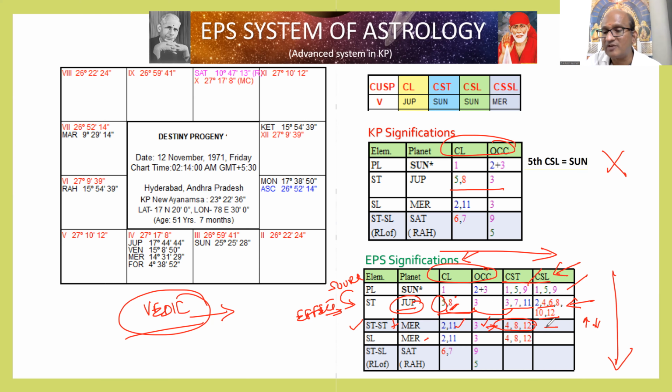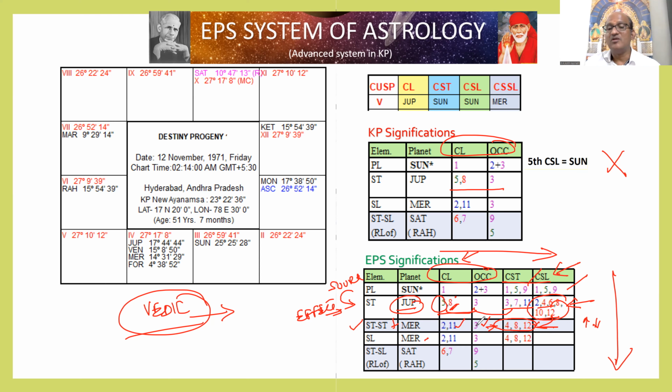Mercury is not sublord for any planet, so those obstacles are not reduced by any cuspal sublord signification of the Mercury. So it means that the star lord's unfavorable significations are further supported by the obstacle causing houses 4, 8 and 12, obstacle causing houses to the Lagna and also to fifth house matters.